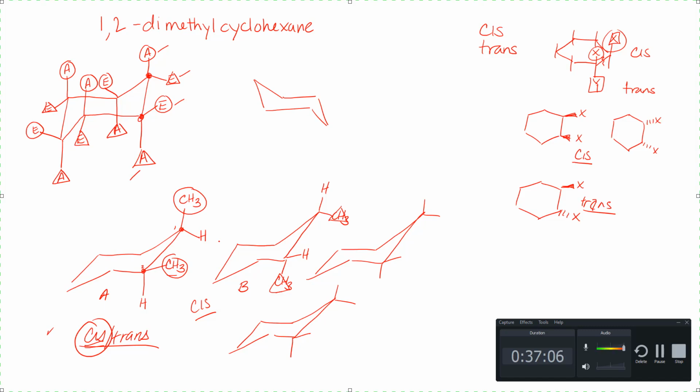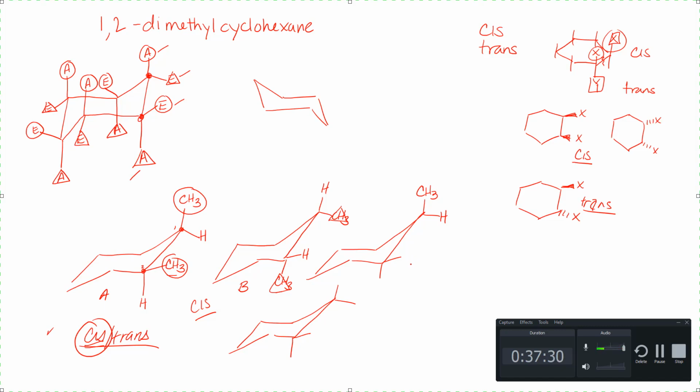Okay, so I just drew the two conformations of 1,2-dimethyl cyclohexane that are cis. So now let's do trans. So let me put a methyl group here, and let me put the hydrogen here. Here is my next question, a video quiz question.